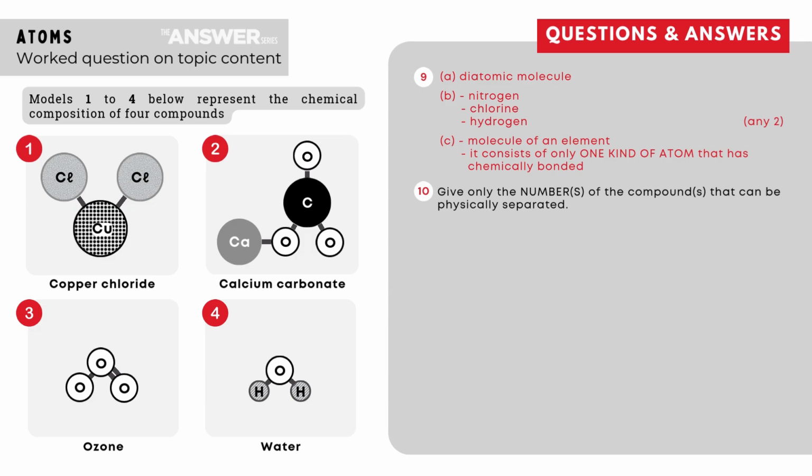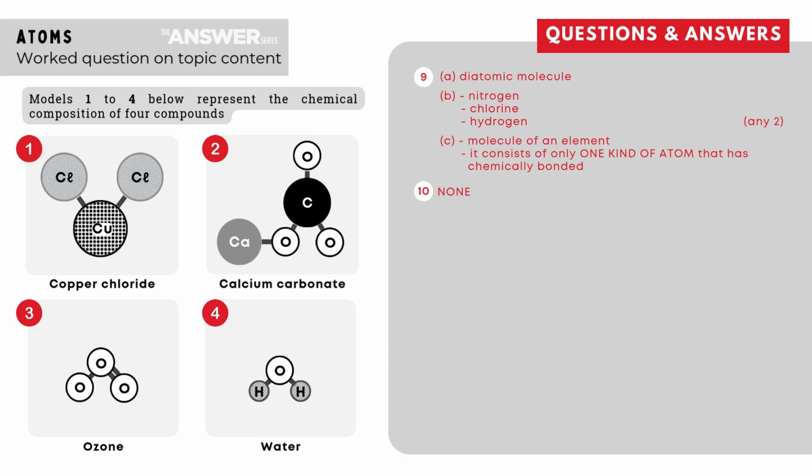Question 10. Give only the number or numbers, it could be more than one, of the compound or compounds that can be physically separated. None of these 4 models or compounds provided can be physically separated. Physical separation only applies to mixtures where there has been no chemical bonding between the different things that have been added together.